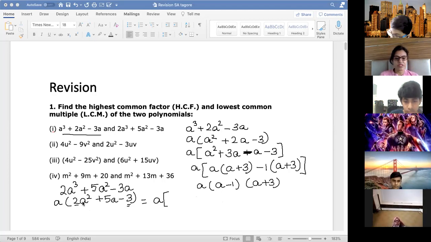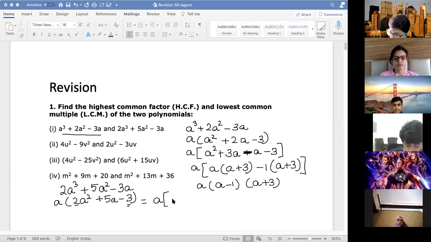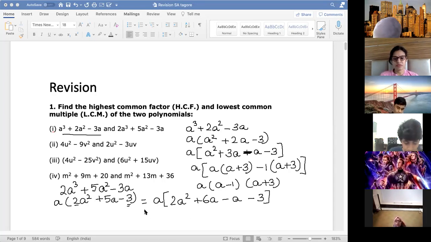Minus 6, what will be the combination so that you get 5? Plus 6, minus 1. 2a square plus 6a minus a and minus 3. 2a common, a plus 3.